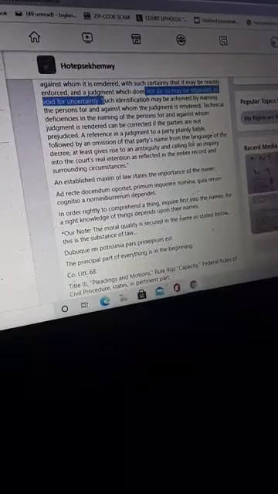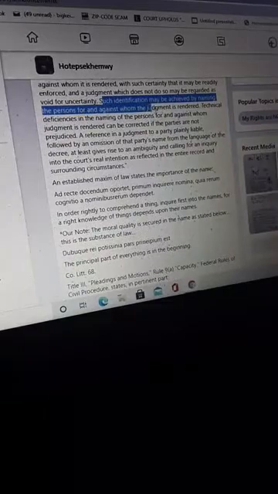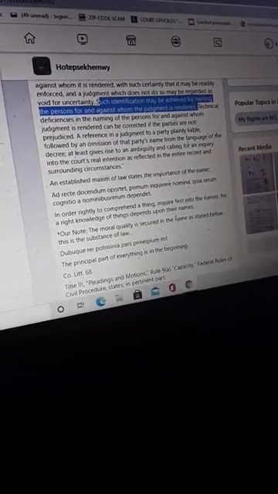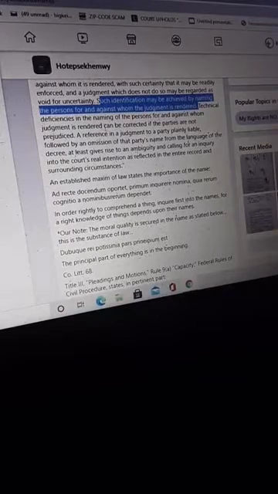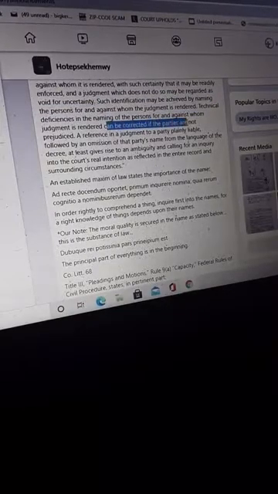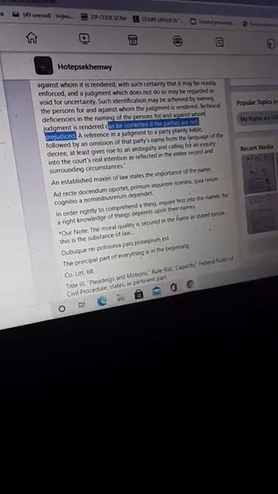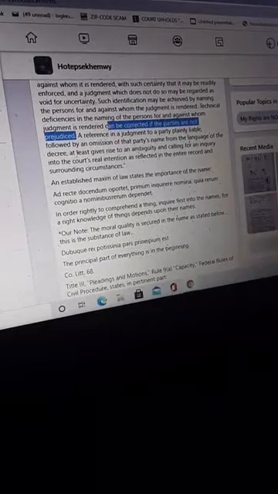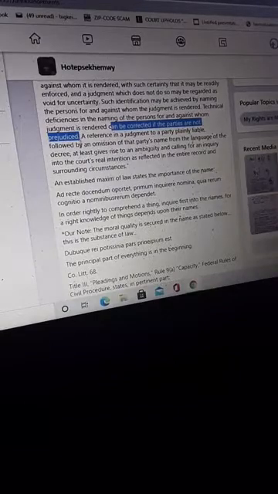Such identification may be achieved by naming the person for and against whom the judgment is rendered. So, we identified them because they refused to. Technical deficiencies in the naming of persons for and against whom the judgment is rendered can be corrected if the parties are not prejudiced. So, if they refuse to correct the name, then that proves they are prejudiced. Period.